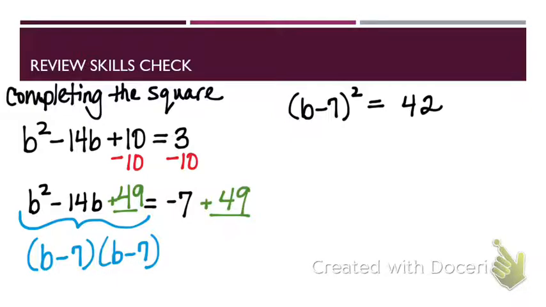So now what are we going to do? Take the square root. When I take the square root, that gets rid of that exponent, and I have b minus 7 equals the square root of 42.